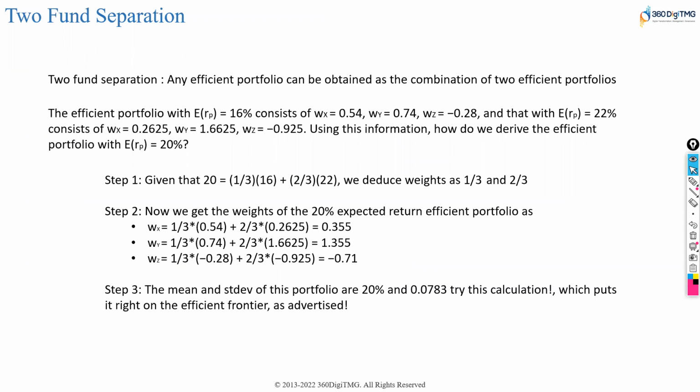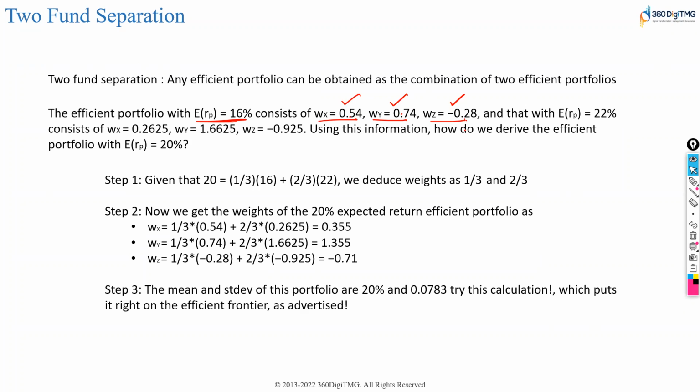Now assume that you have an efficient portfolio and someone is expecting 16% expected return. And these are the three ways.